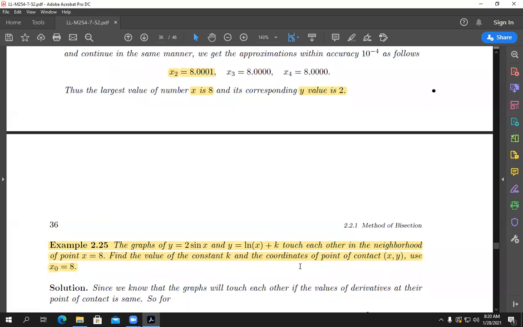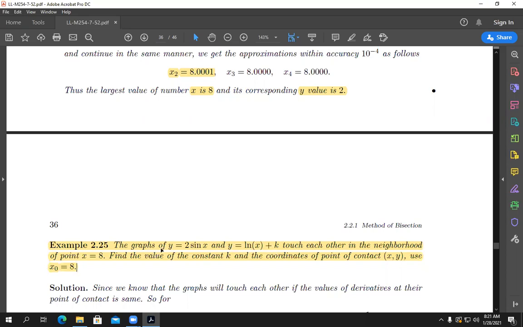These are the three things we have to do. First, we find x. When we have the x, we can put x here and easily find the value of y. You know the x, you know the y. You can easily find out the k.